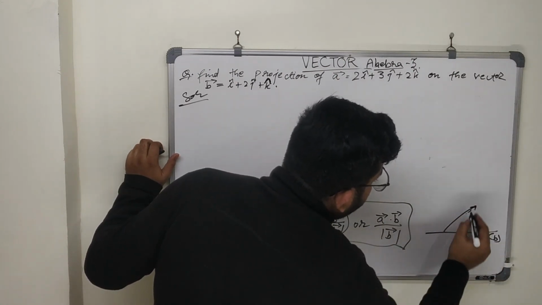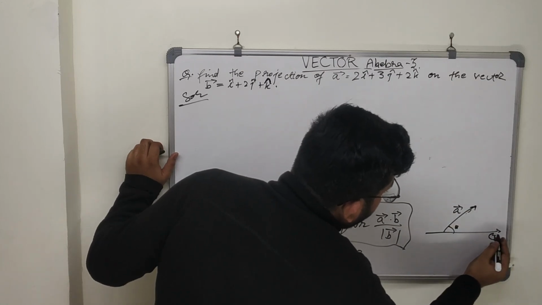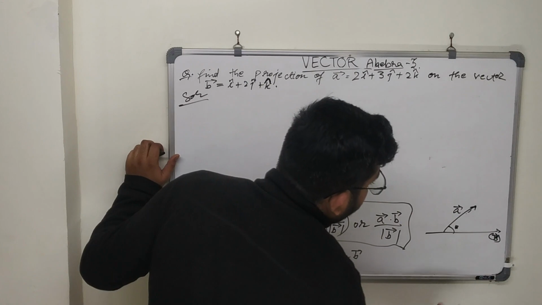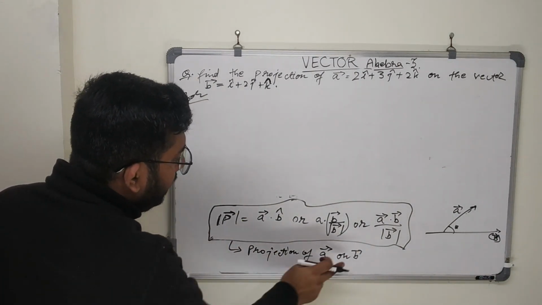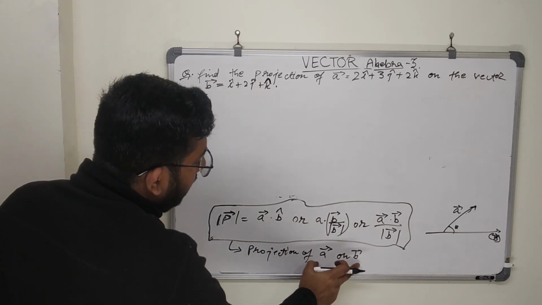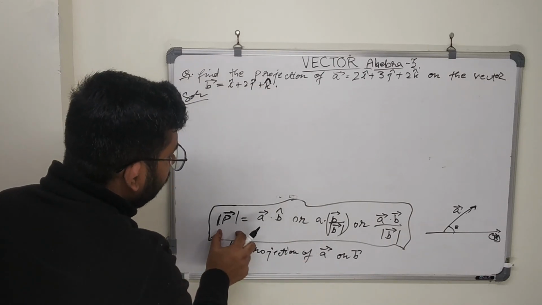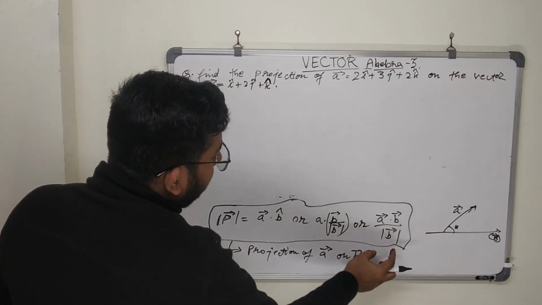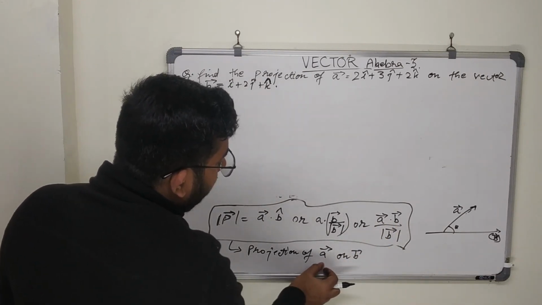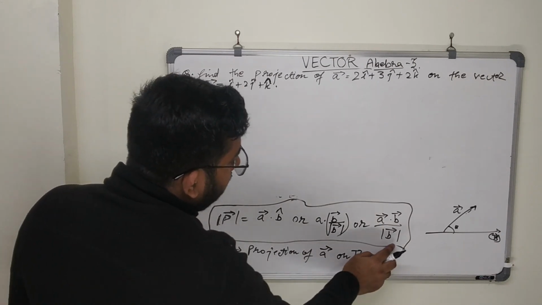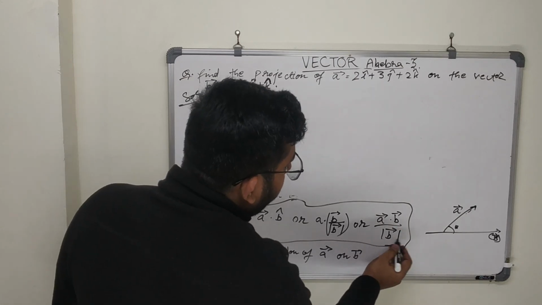You can see that this is the angle theta, this is the a vector. इस फॉर्मूले को याद करने के लिए एक मेथड है, that is projection of a vector on b vector. तो जहां आ गया A वेक्टर ऑन B वेक्टर, यानी B वेक्टर के ऊपर A वेक्टर का प्रोजेक्शन निकालना है, तो उसके लिए ये देखना होगा, A वेक्टर डॉट B वेक्टर तो करेंगे ही, upon जिस वेक्टर के ऊपर प्रोजेक्शन निकलवा रहा होगा, that is on b vector, उसको उसके मैग्नीट्यूड से डिवाइड करेंगे, that is divided by magnitude of b vector.